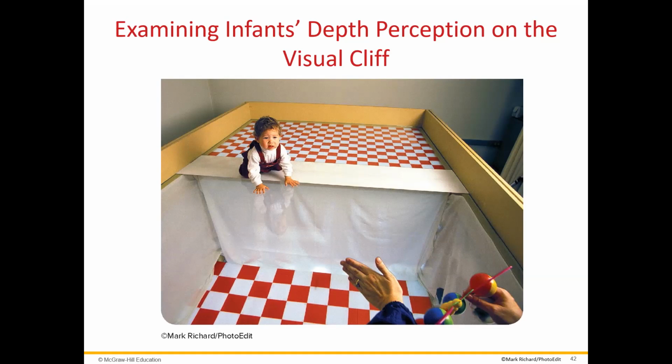On the far side, the baby looks like they're on the ground normally, but on this closer side, it looks like a huge drop off. Even though there is glass, and the baby can't fall, it looks like a drop off, right? So if the baby can recognize that drop off, it will stop, like right where this baby is right now.